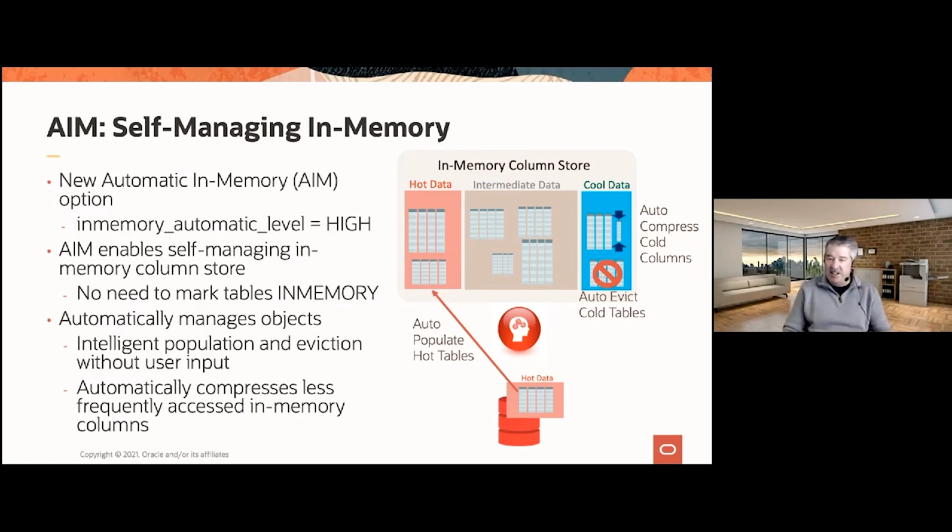As this kind of shows you with hot data, intermediate data, and cooler data, we'll actually populate the most active tables in the column store, and if necessary, we'll evict the least active to keep the column store as kind of the biggest bang for the buck. So you get the most active tables and can take advantage of in-memory for the key performance queries that you might have without having to figure that out.